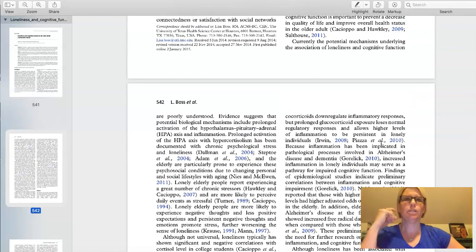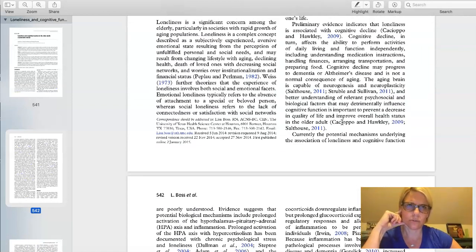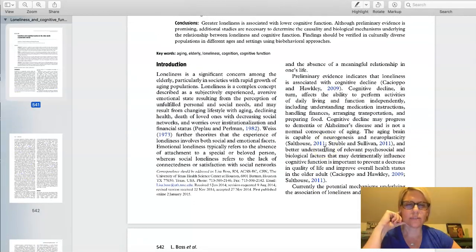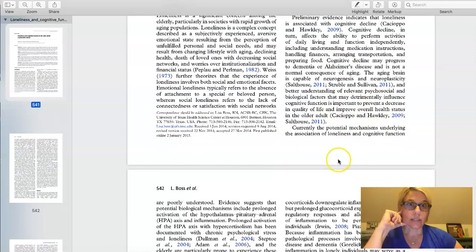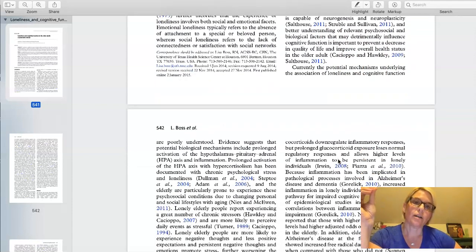So similar to the other article, where they just talked about bullying and gave the basic information about what it is, who it affects, what's bad about it, I did the same thing for loneliness. Loneliness is something we think we probably know what it means, but I do give a definition and then start talking about how it's tied with cognitive function.